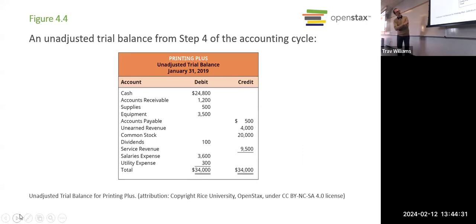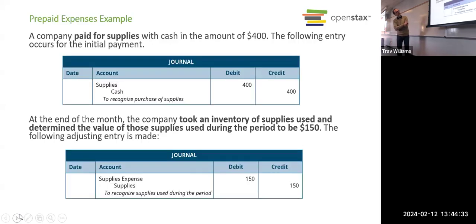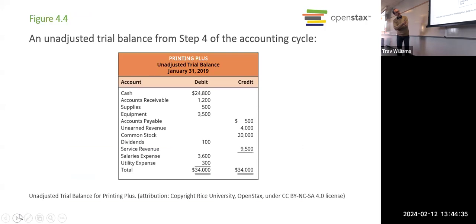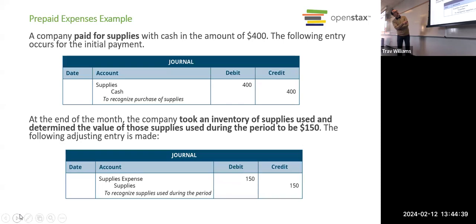All right, here's an unadjusted trial balance. So don't worry about the details. We're going to see some adjustments that are going to now be made, right? Because the unadjusted trial balance is before any adjustments were made, right? So what step is this? The step when we're making adjustments. 5? Yes, sorry.